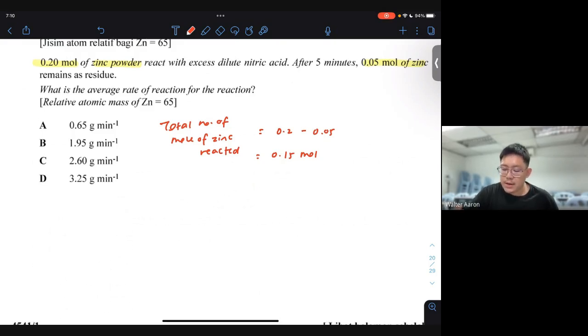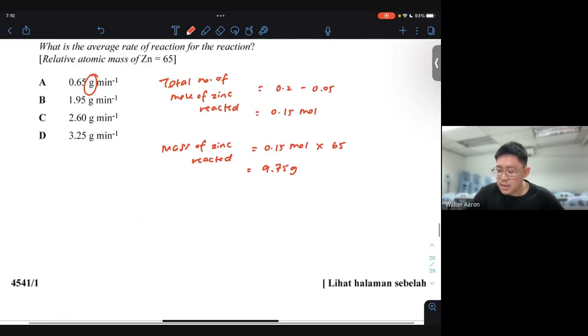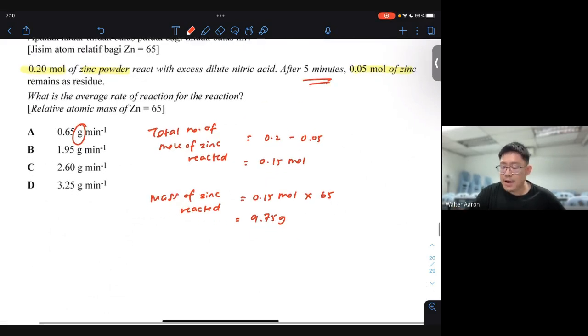But I'm going to calculate it in terms of grams per minute. So what I'm going to do is calculate the mass of zinc. So mass of zinc reacted will technically be 0.15 mole multiplied by 65. Okay, and that will technically give you 9.75 grams. Now that you have your mass, you can then calculate the rate of reaction by dividing it by 5 minutes.